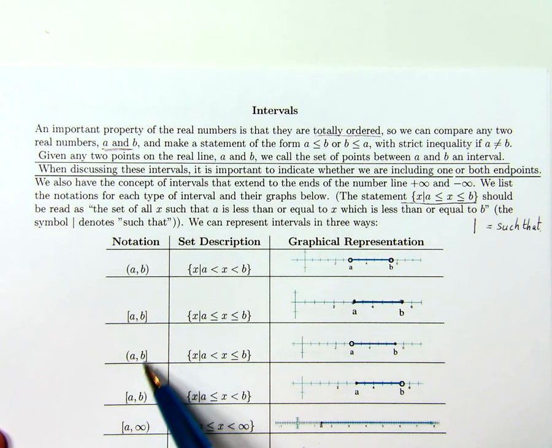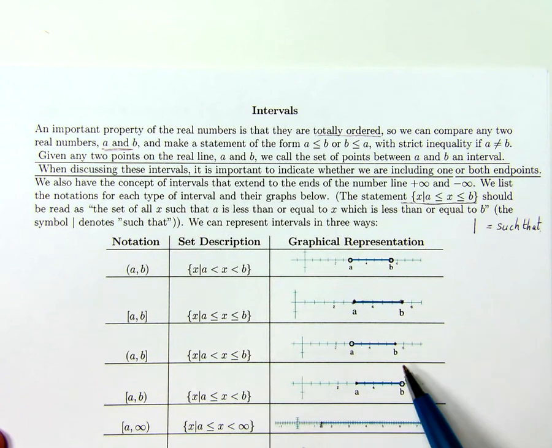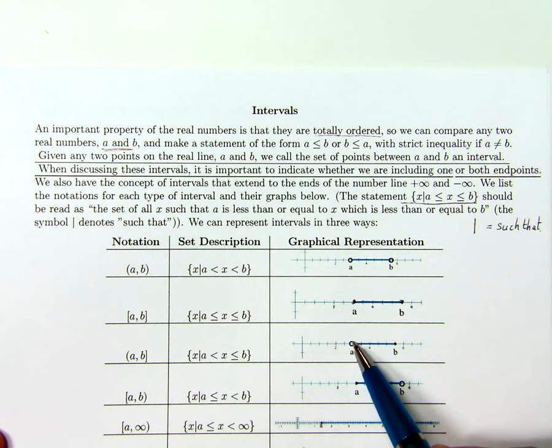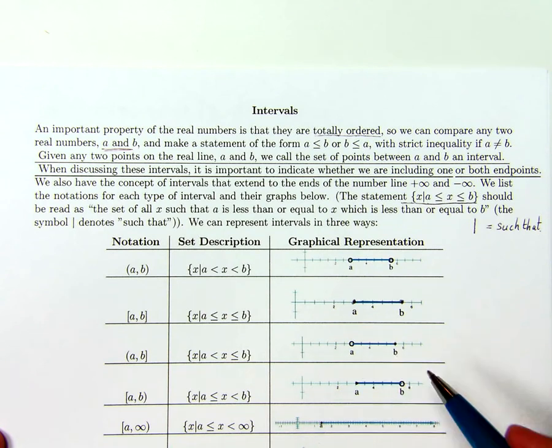Let's say we include B and not A. Then we put a round bracket at A in the description of the interval, and a square bracket at B. And this is the set of all x so that A is strictly less than x, and x is less than or equal to B, so x might be B. And so here we have a hollow point at A to indicate that A is not included, and a solid point at B to indicate that B is included in our interval.